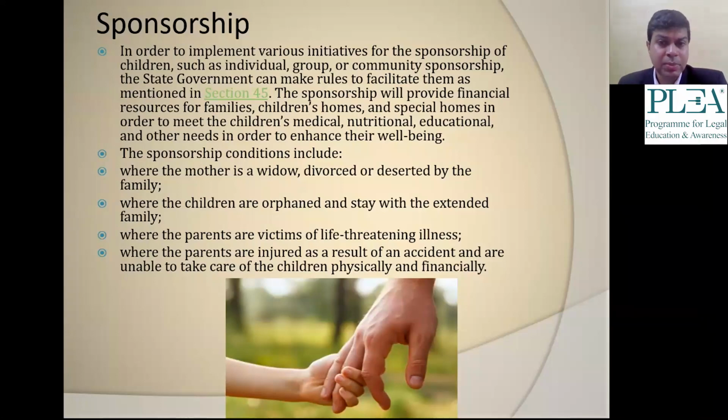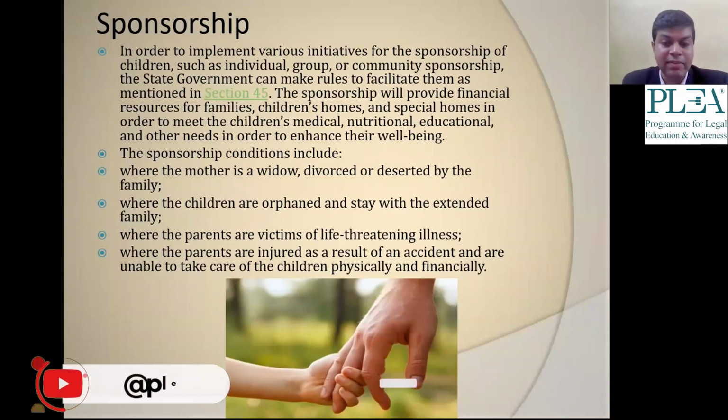So the sponsorship conditions include where the mother is a widow, divorced, or deserted by the family, where the children are orphaned and stay with the extended family, where the parents are victims of life-threatening illness, or where the parents are injured as a result of an accident and are unable to take care of the children physically and financially.